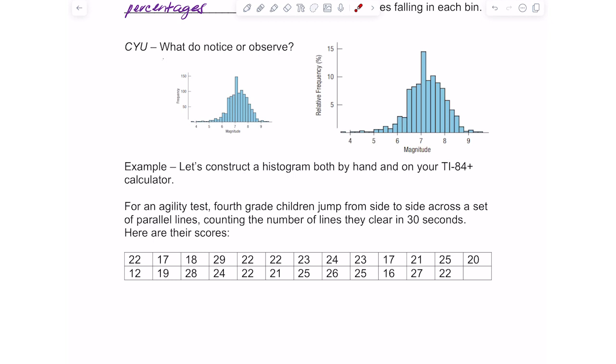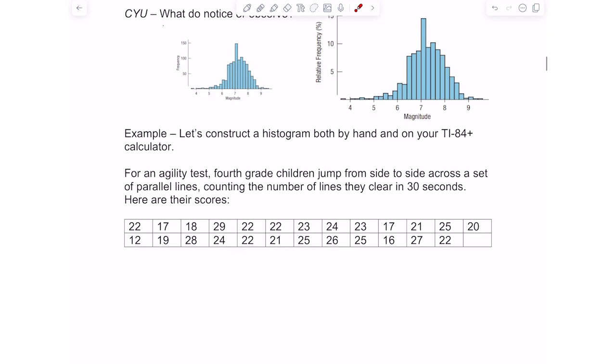The only thing that's different is for a histogram, we have our frequencies on the vertical axis, whereas for relative frequency histograms, we have percents on this axis. But it did not change the shape. It did not change where we think the center of the distribution is, or how spread out it is, which is what we're going to look at in this chapter.